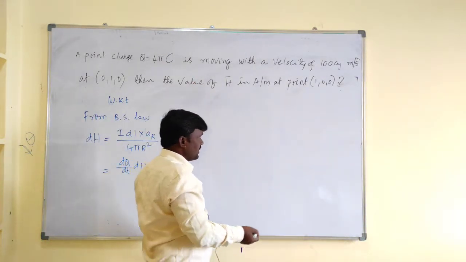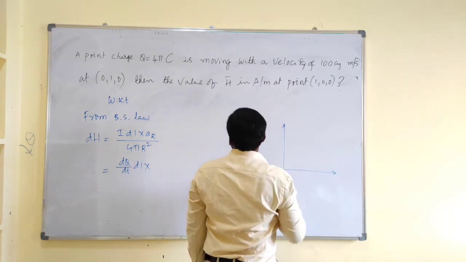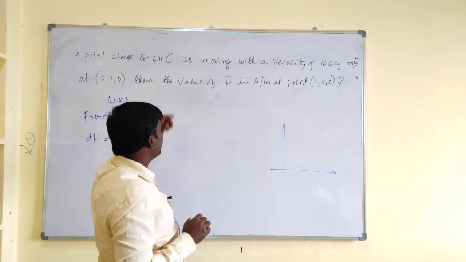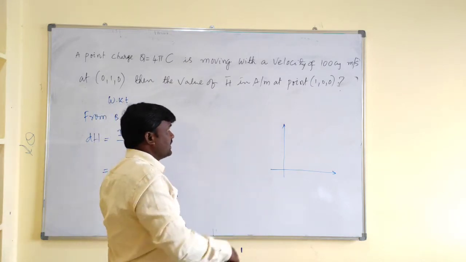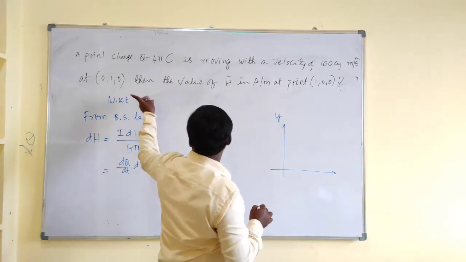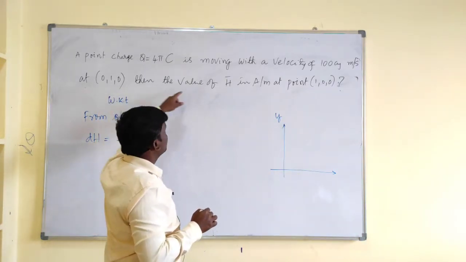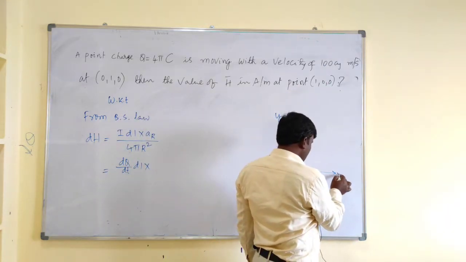In this case, we can draw the given situation like this. Q, 4 pi coulombs, is moving with a velocity 100 ay, meaning it is moving along the y axis, and we need to determine H at point (1, 0, 0). This (1, 0, 0) is along the x axis.